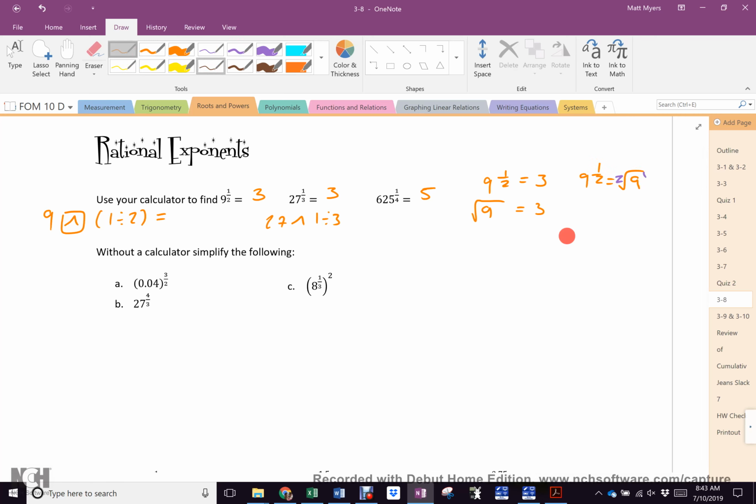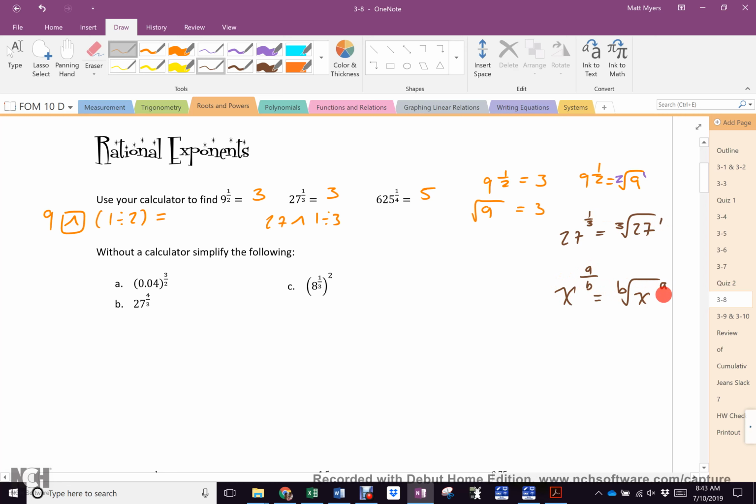Of course it is. 27 to the 1/3 equals the cube root of 27, because they're both 3. 3, 3, 1, 1. So this gives us the rule, which is simply this. If I have x to the a over b, it is the b-th root of x to the a power.